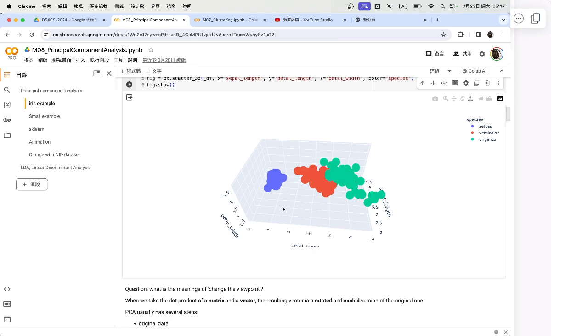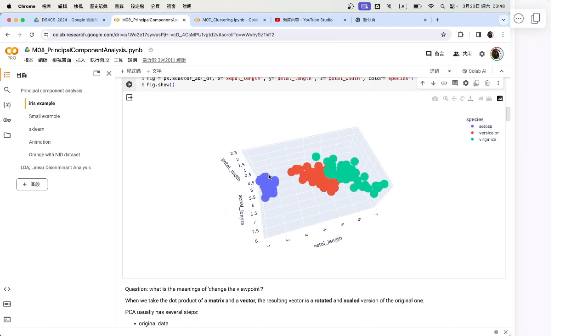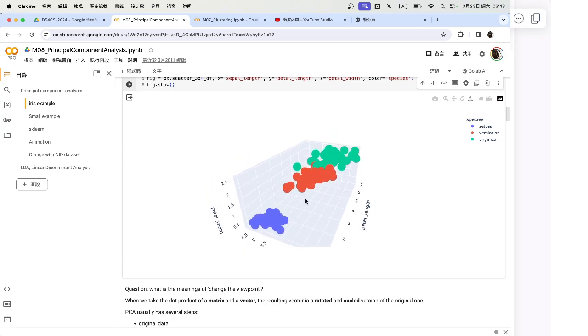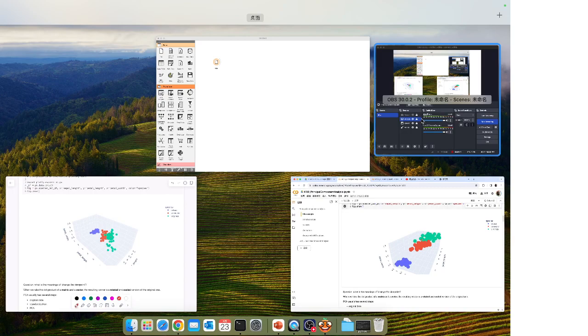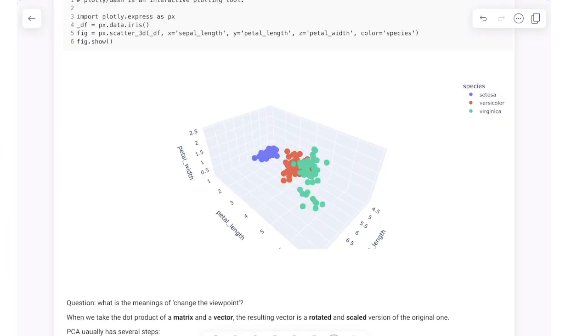Originally it is three-dimensional data, right? But after we rotate, we can project the data into a two-dimensional space, right? So if I rotate it in this way, take a look at this mouse. That will be the new X axis, and that will be the new Y axis. Let's go back to here.